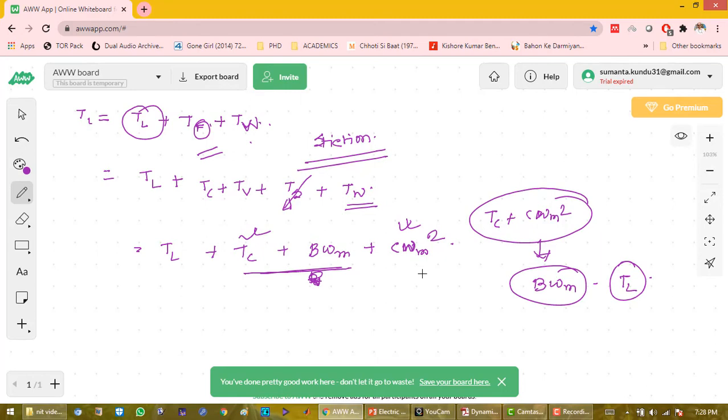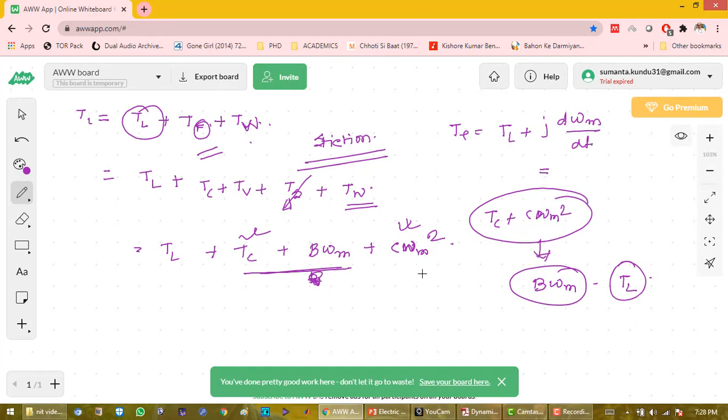So ultimately, if we recall that basic torque equation, TE equals TL plus J d(omega m)/dt.